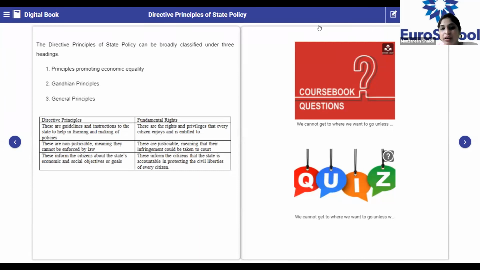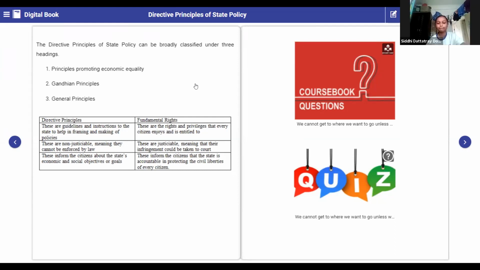That means in fundamental rights, it informs the citizens that it is the state government who is responsible for protecting their fundamental rights, which have been given to every Indian citizen. Have you all understood the difference, children? Very good. So let's do the quiz.